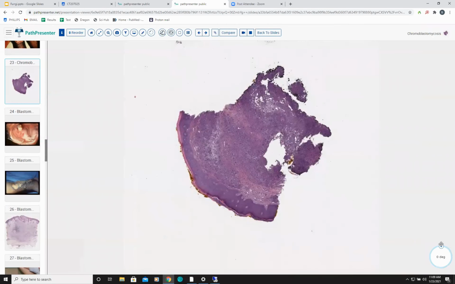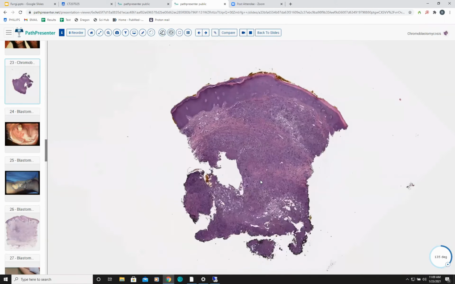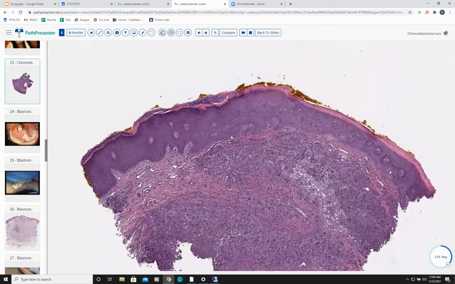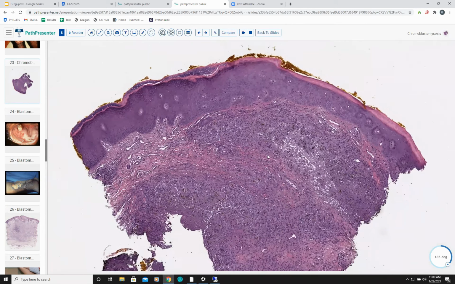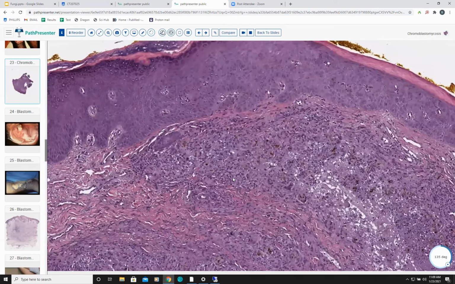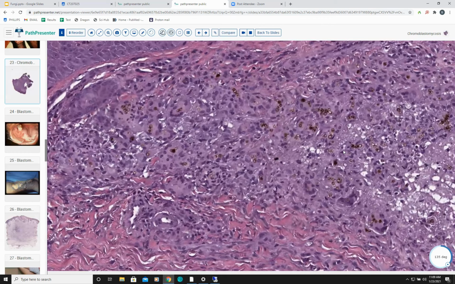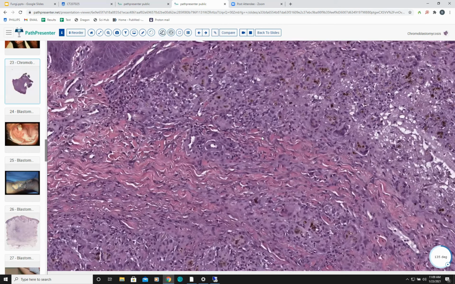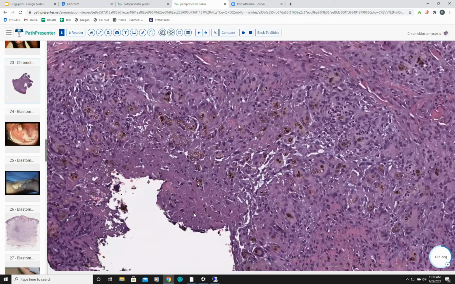And here's just a last one I'll show you of pseudoepitheliomatous hyperplasia, hyperorthokeratosis, a dense infiltrate with histiocytes, and this one's obviously an easy one. You can see the copper pennies, the chromomycosis all over the show. Areas of necrosis in the dermis.